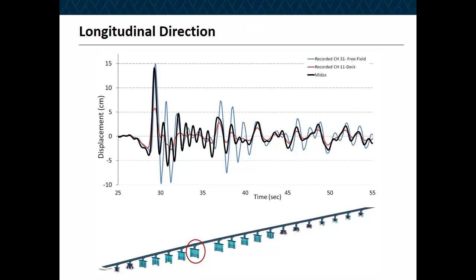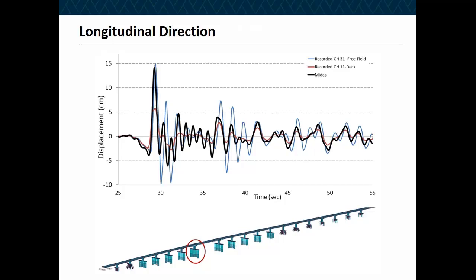So now what about the analytical model versus the recorded motion? I'm looking at the analytical model, channel 11 in the longitudinal direction, which is the top of the superstructure, versus the input motion. The reddish line is the input motion in Midas, which is the recorded input motion. The black line is the Midas result versus the bluish, which is the recorded motion.